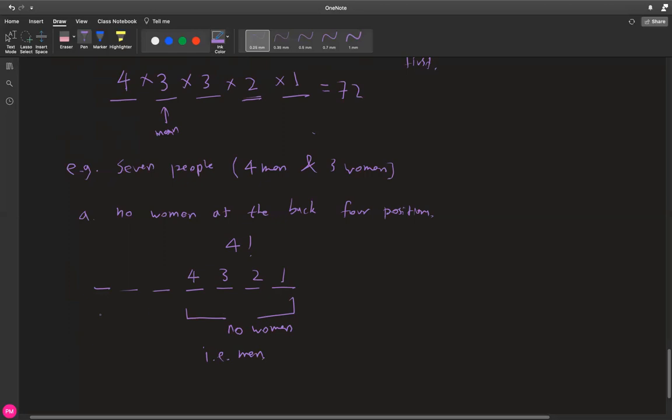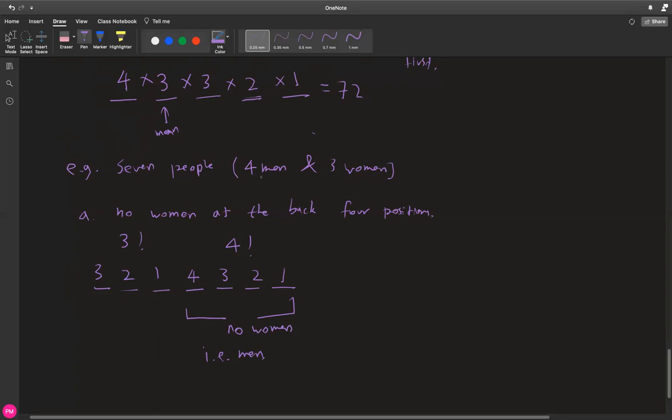And now let's go to the place where we do not have any restriction. After these 4 spots are taken, there are no more men left, we only have 3 more people and they all have to be women. So we have 3, 2, 1. That's it. So 3 factorial multiplied by 4 factorial.